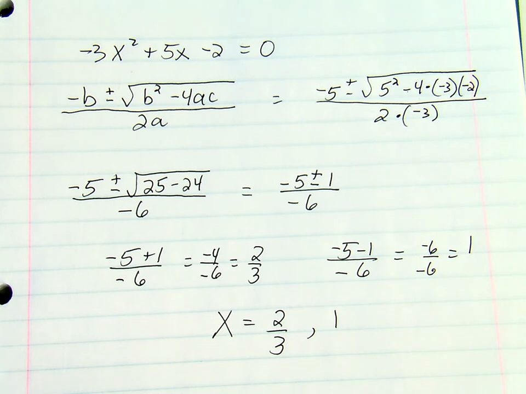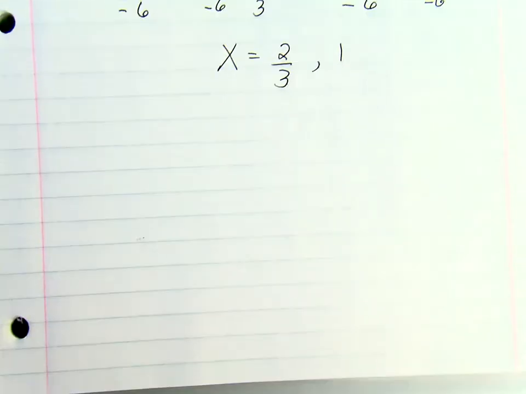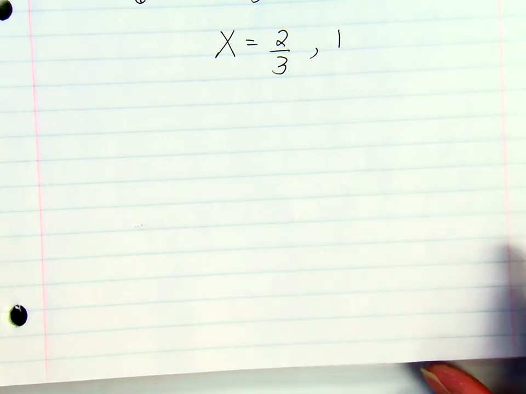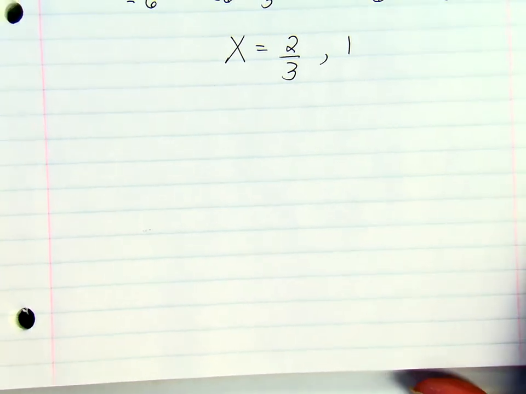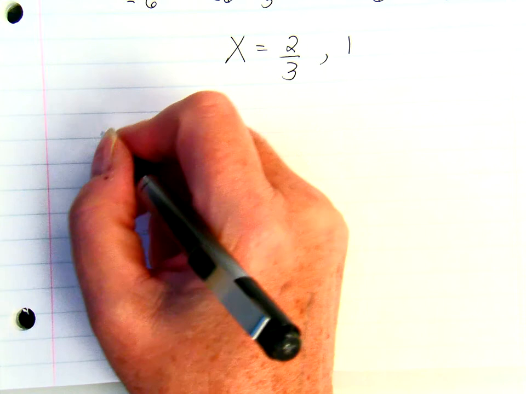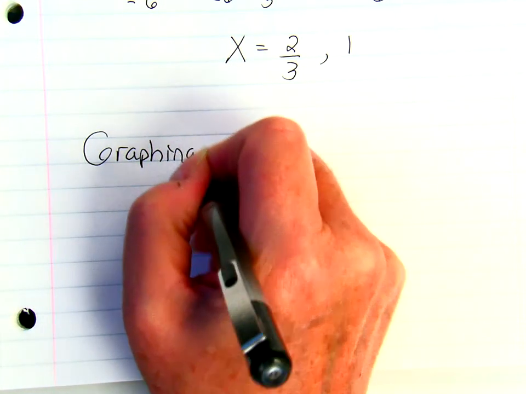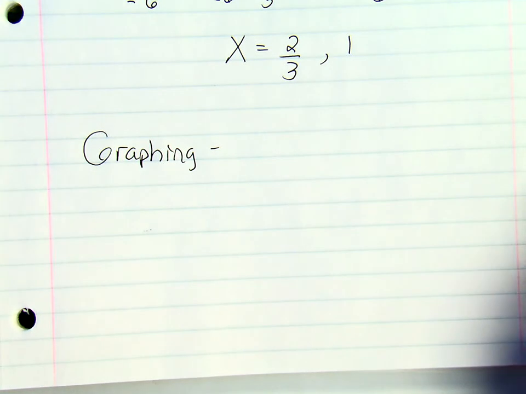I just want to spend a quick moment talking about when we're going to use each of the methods that we have learned. So graphing. If graphing is going to be the first method you use, you really need to use all of the tools in your arsenal, and it just isn't really the best way to go at a problem.